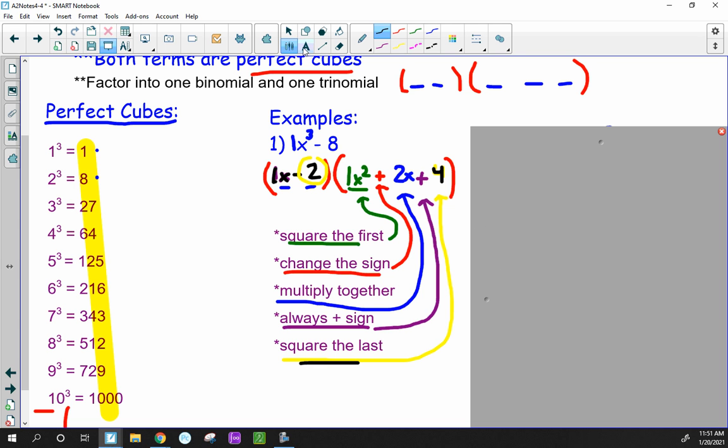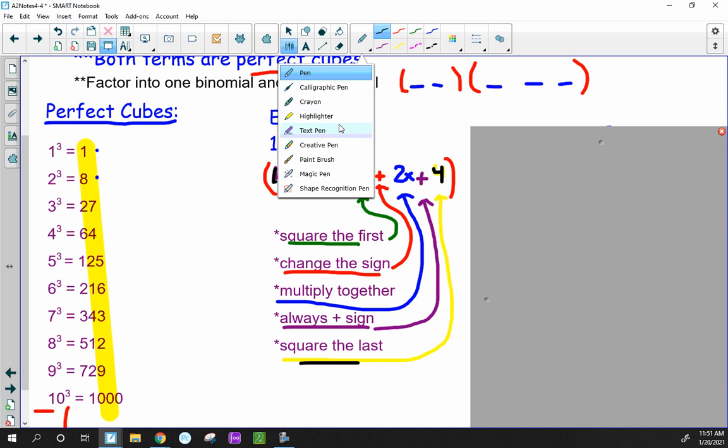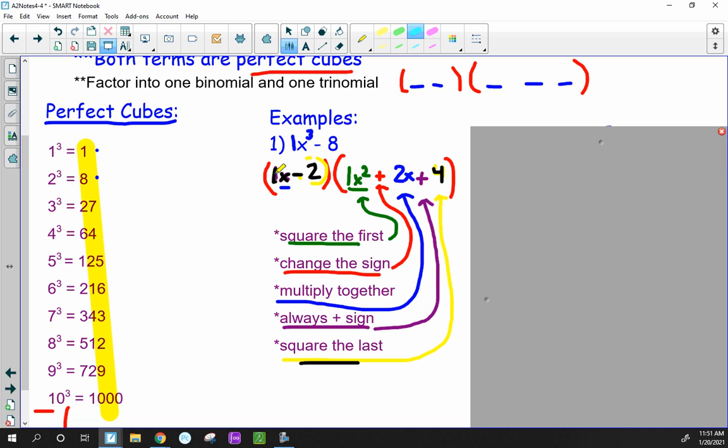So the final answer is going to be 1x minus 2 times the quantity 1x squared plus 2x plus 4. That is how you factor a difference of cubes.